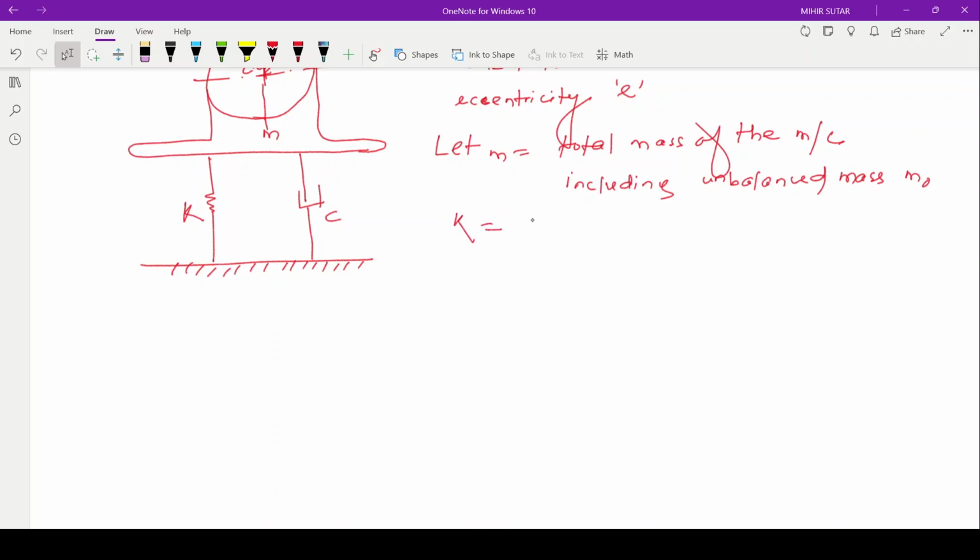K is the spring stiffness, and C is the damping coefficient.